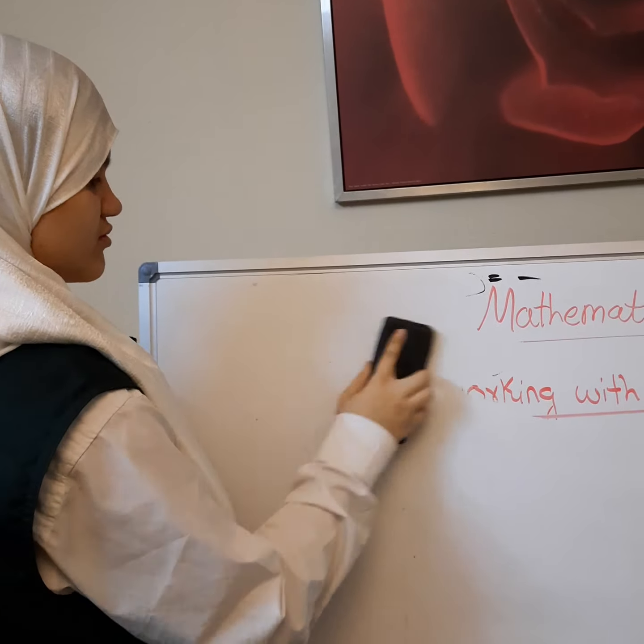So now we have brackets and negative 3a, and first we remove the brackets. That means we'll start here first. A times 3a will be 3a squared, because they are like terms.